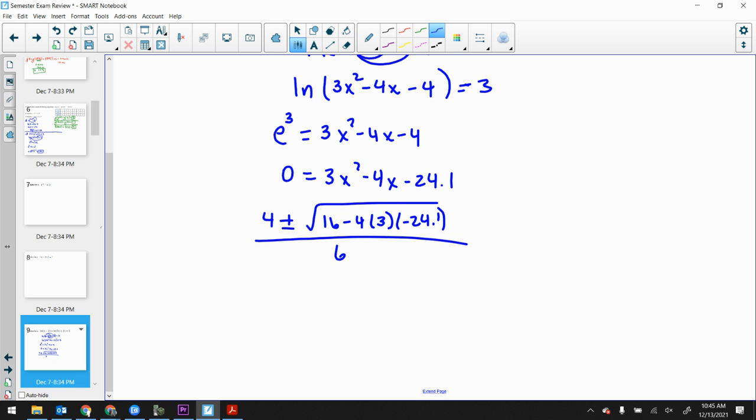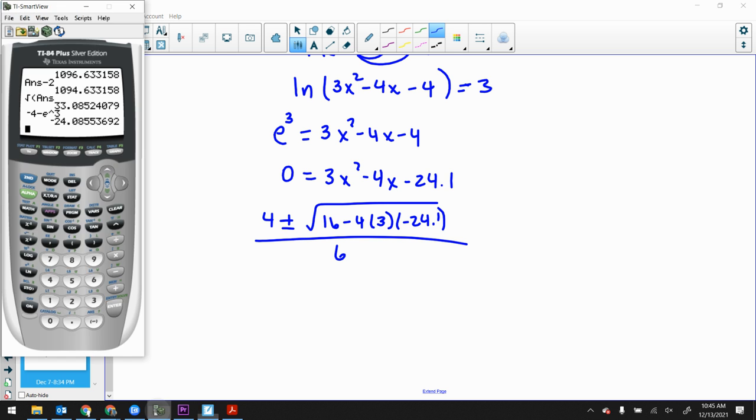Pop goes the weasel. I took the negative 4 and I subtracted the e to the 3rd over the other side. Gotcha. Yeah, negative 4 minus e to the 3rd.